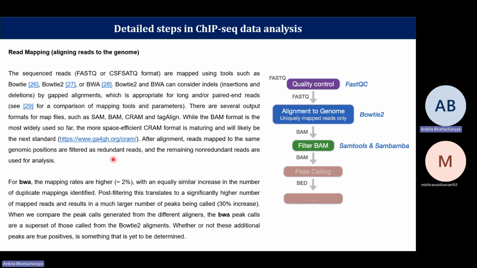If you remember, we had discussed previously HISAT2, STAR, all these algorithms. And in addition, for ChIP-seq, what is most commonly used is Bowtie or Bowtie 2. Most commonly, Bowtie 2 is used in ChIP-seq data analysis. So basically, you will have your raw data, which can be mapped using many different types of tools like Bowtie 2, BWA, the Burrows-Wheeler alignment algorithm.